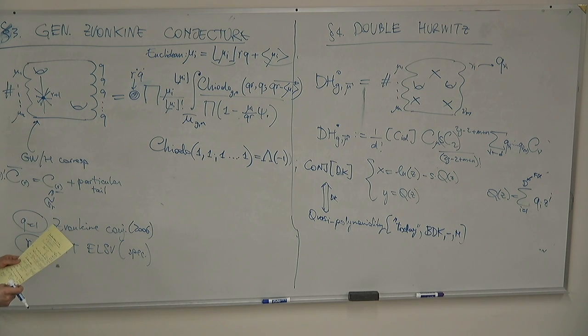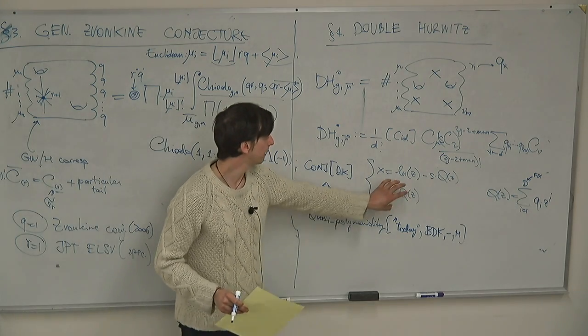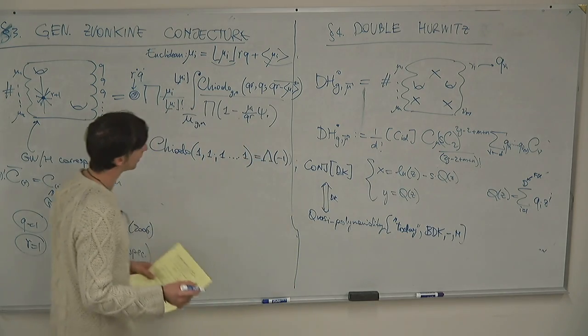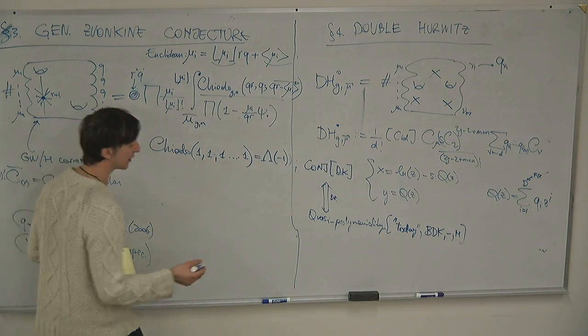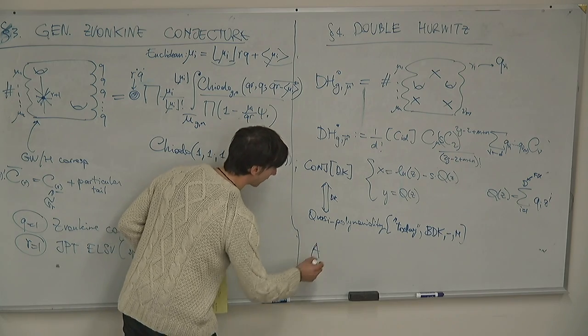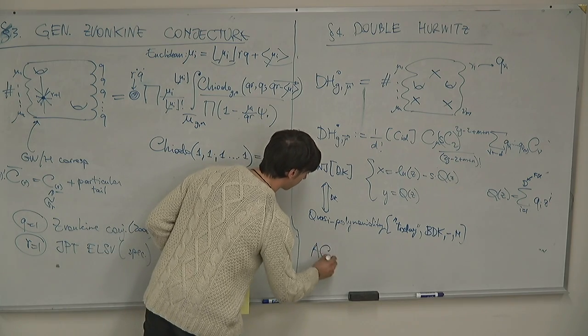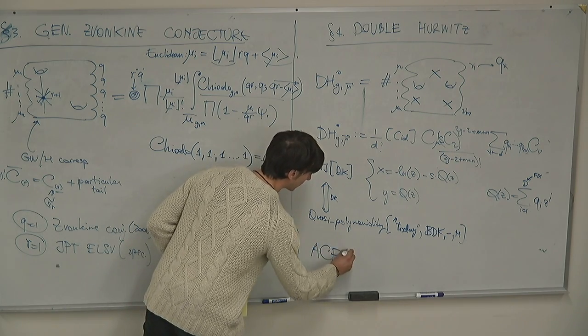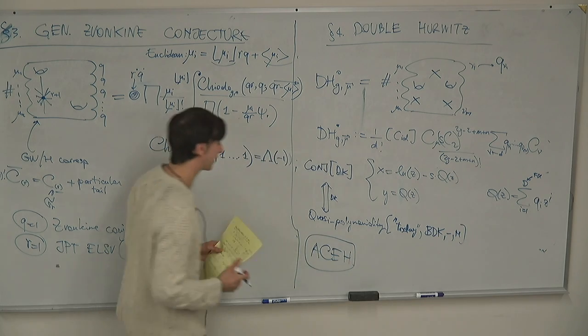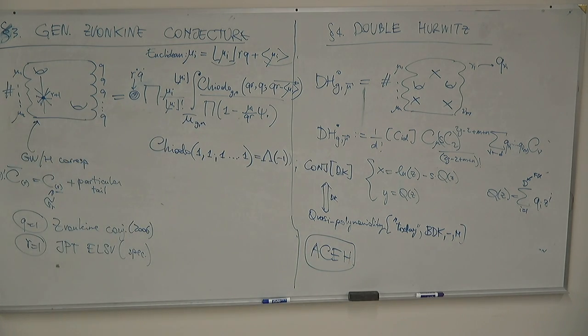Okay, and what is the nice thing about it? Well, first of all, there is a general formula that you might know, due to Alexandrov, Chapuis, and Harnad. So it's a beautiful formula that is supposed to provide spectral curves for many, many Hurwitz problems.